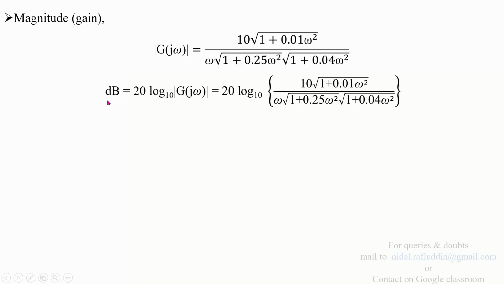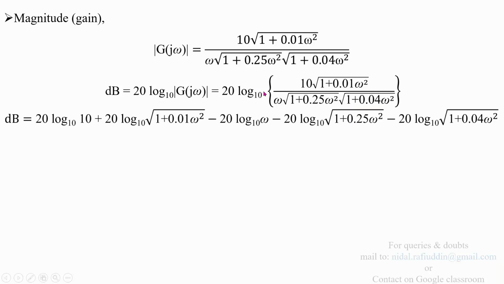Then we will be obtaining decibel, dB. dB is equal to 20 log to the base 10 of the magnitude of G omega. So replacing G omega by the terms that we obtained, it's written here. Now simplifying this, since this is a log, all the terms in the numerator which are multiplied will be added when we separate them out, and all the terms in the denominator will be subtracted.